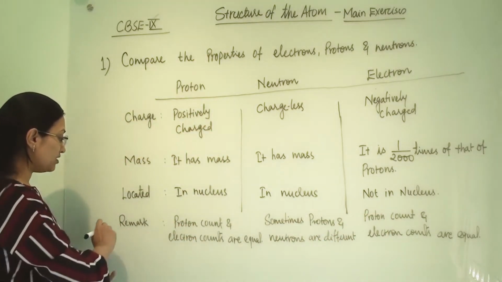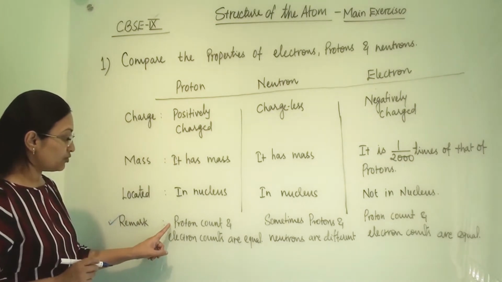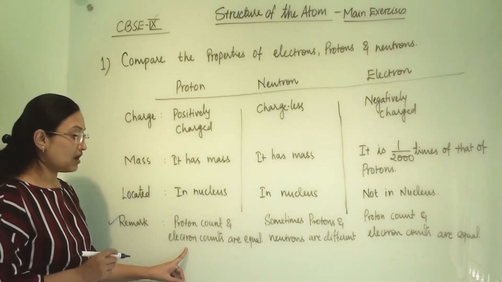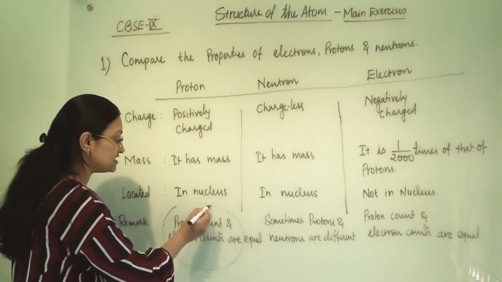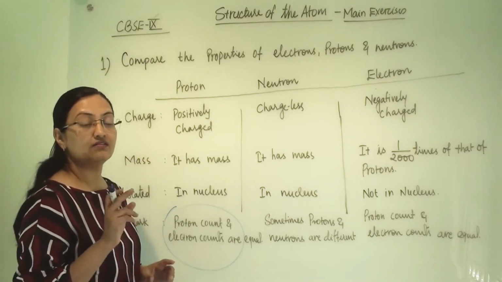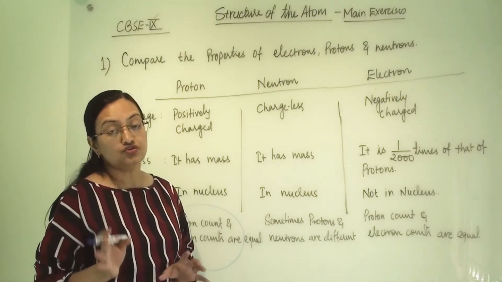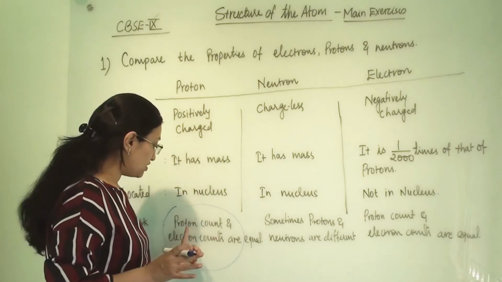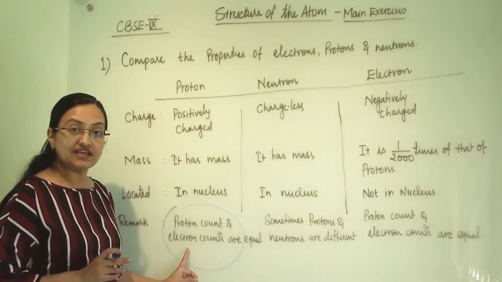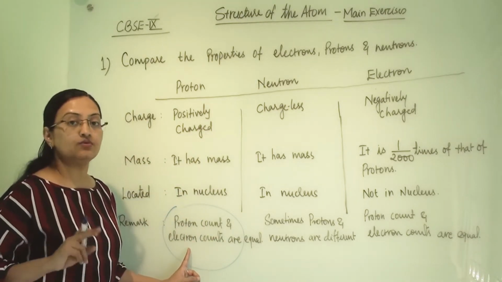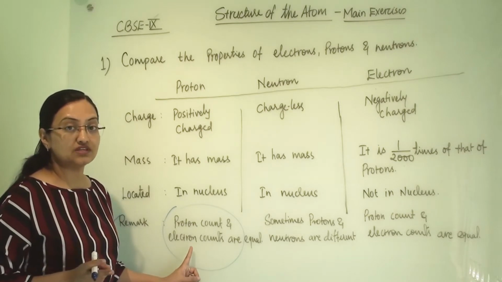One important point here is that proton count and electron count are always equal, and that is why our atom is neutral in state, because the positive and negative charged particles are equal in magnitude. That's why the atom is neutral.